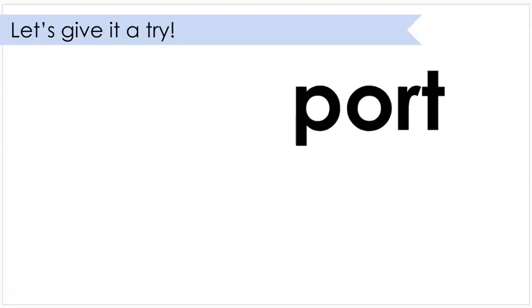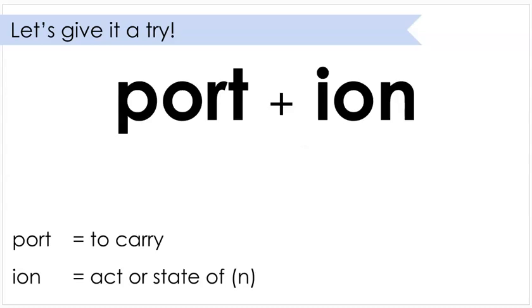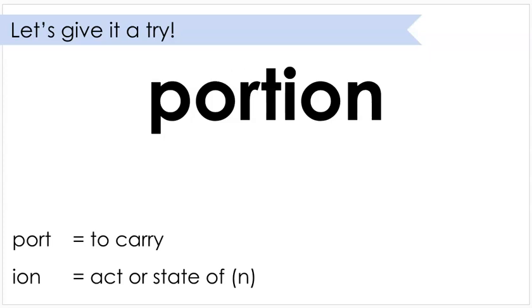Let's try another one. Port. We're going to add ION, which means the act or state of. So I'm sure you're already figuring out what our new word's going to be. It's pronounced portion because TION together says shun.